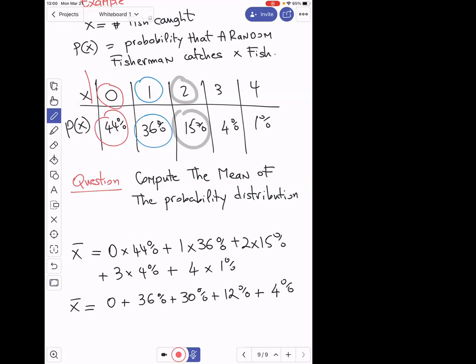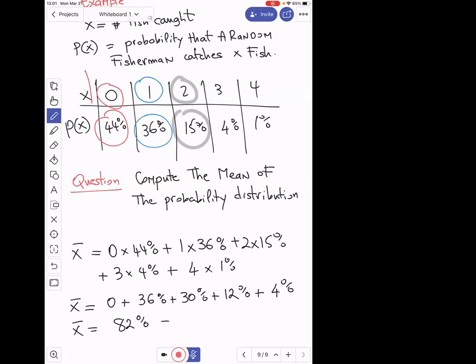Okay, so then X bar is 0 plus 36% plus 30% plus 12% plus 4%, right? And the answer is 82%.